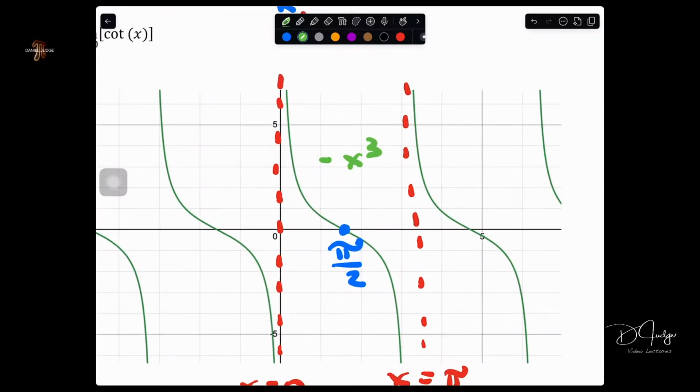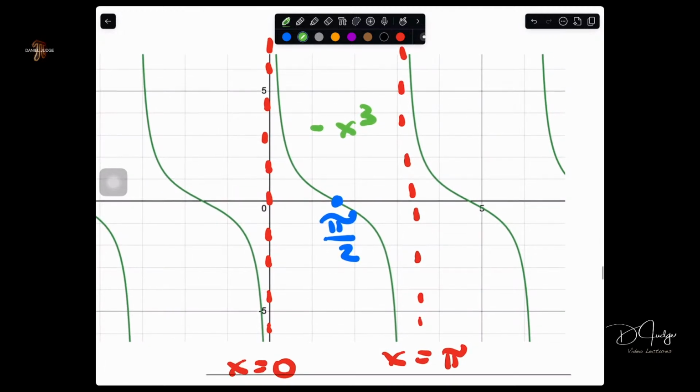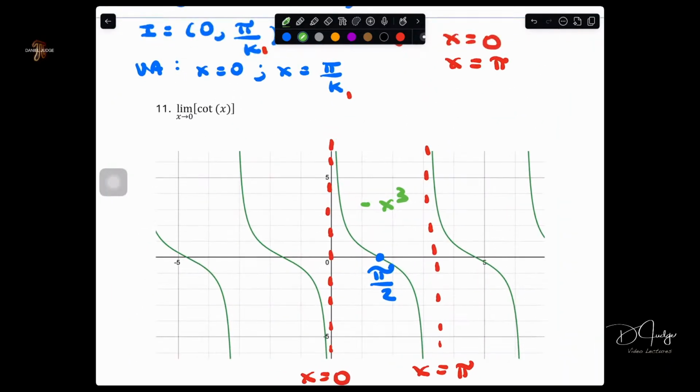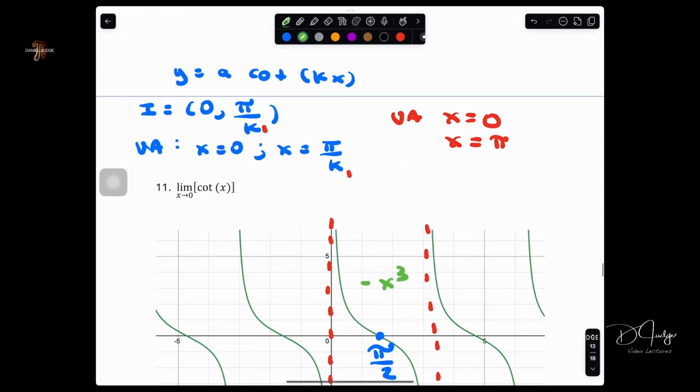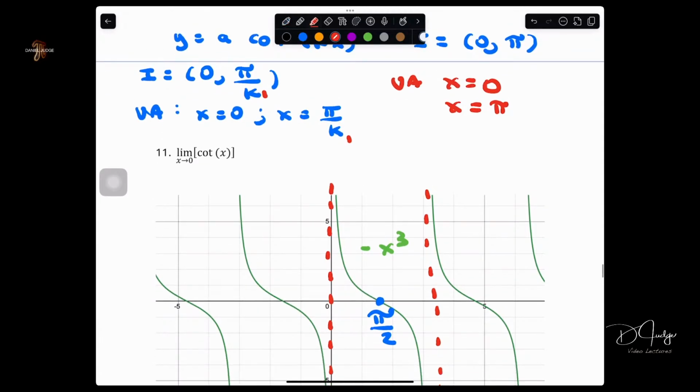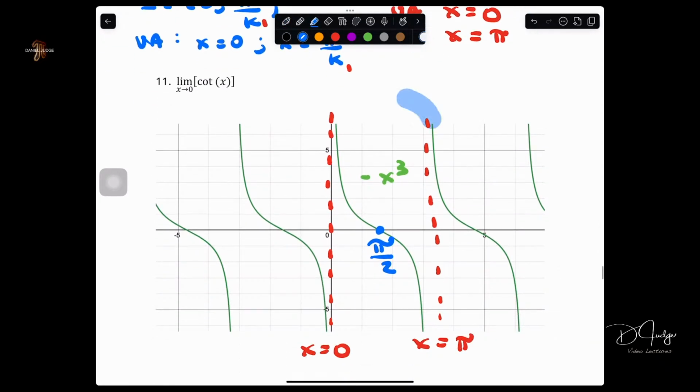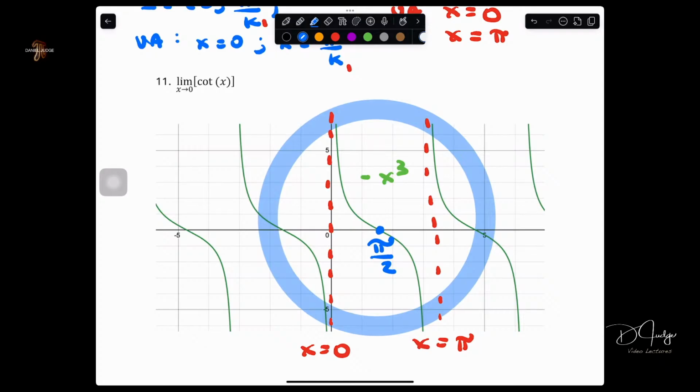It's a memorization device for how to graph one of those cycles of cotangent, and it's negative x cubed in my mind. This is all the information you need to remember about cotangent. That's the first cycle of cotangent right in here. Now, cotangent is periodic, so you repeat that cycle.